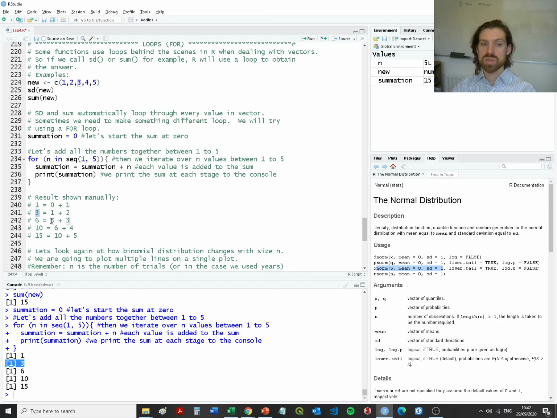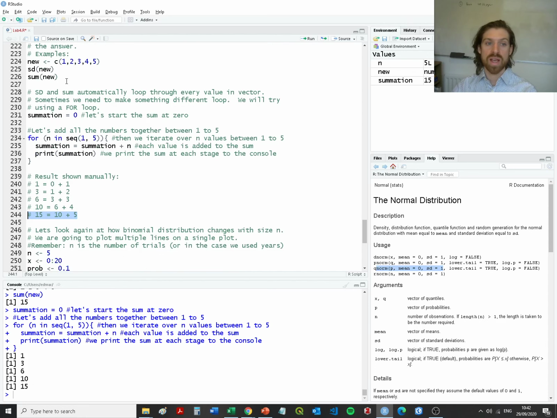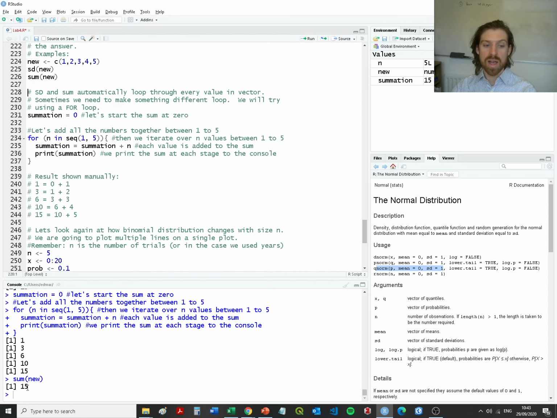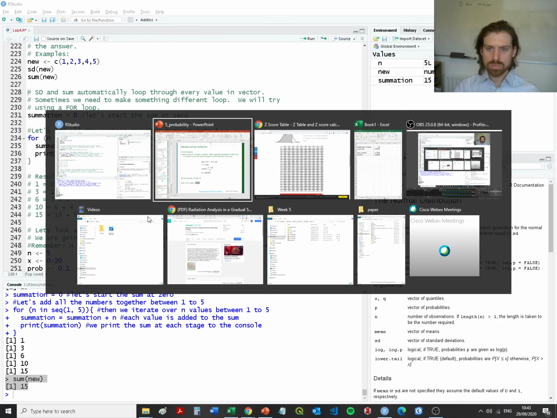Then it goes through this loop repeatedly: 3 plus 3 is 6, then 4 plus the existing summation 6 gives 10, and then 5 plus the existing summation gives 15. And that's how, when you press sum and we get 15 as the total, R is actually calculating this behind the scenes.